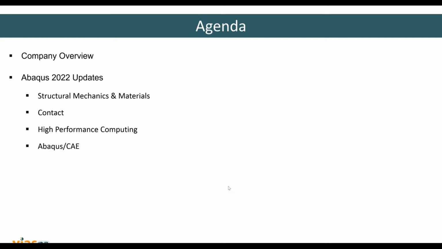Then we'll move to contact, what are the new enhancements and features that we have, and then we are going to see the high performance computing enhancements, and lastly we'll look into what are the new features we have added in Abaqus CAE as well.